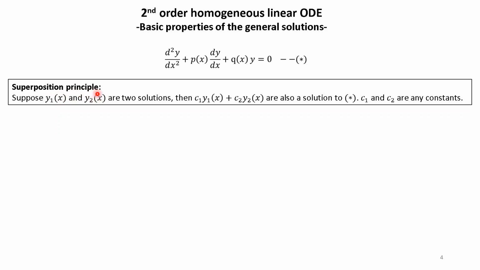I'll clarify that a bit later, but let's accept the fact that there are two solutions to this equation. Let's say one is sine x, the other is sine 2x, and these are solutions to this equation. The superposition principle tells us that c1 sine x plus c2 sine 2x are also solutions.